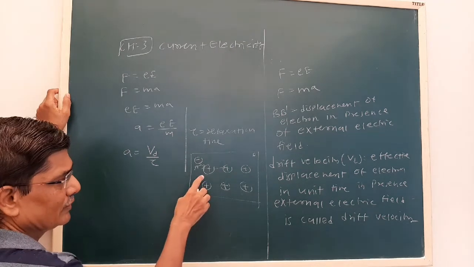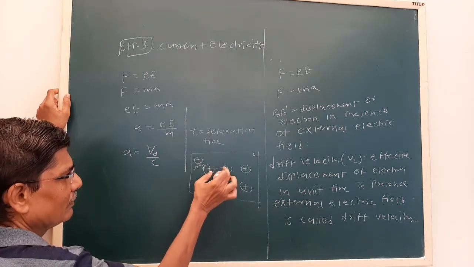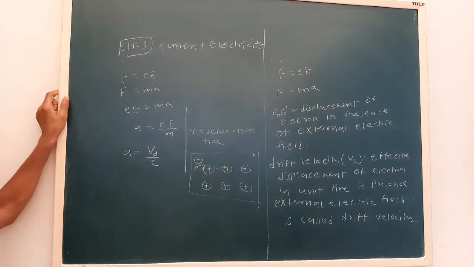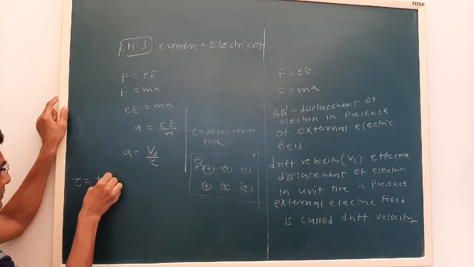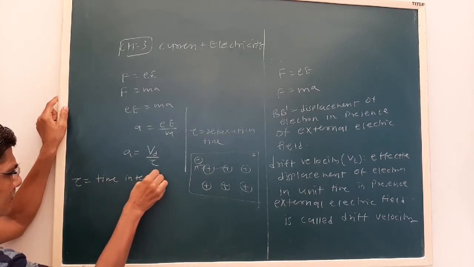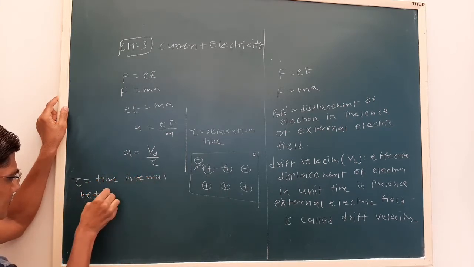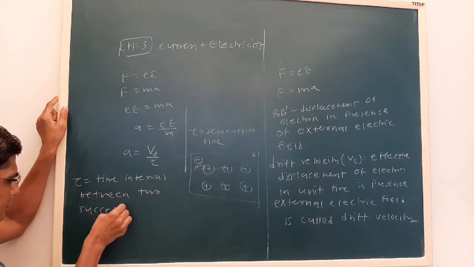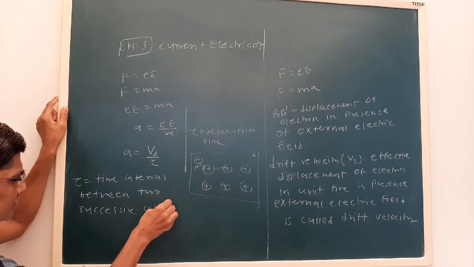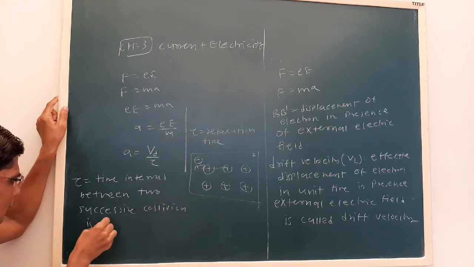This is the first collision, this is the second collision. Between that time it has remained free. So the time interval between two successive collisions is called the relaxation time.